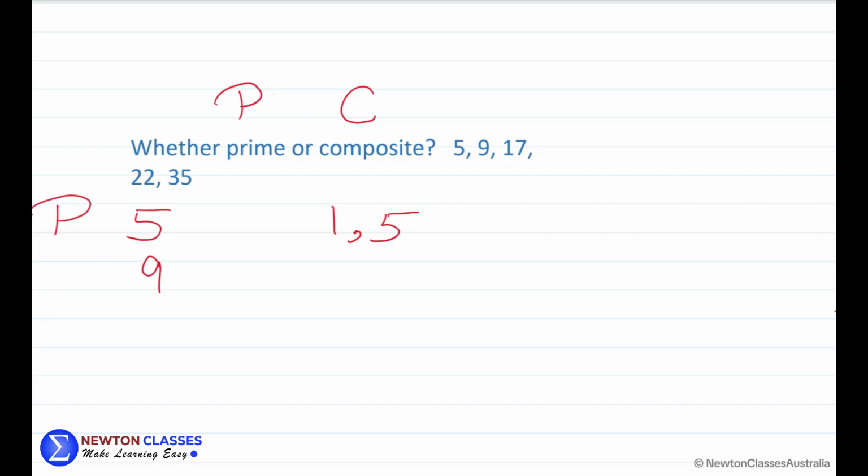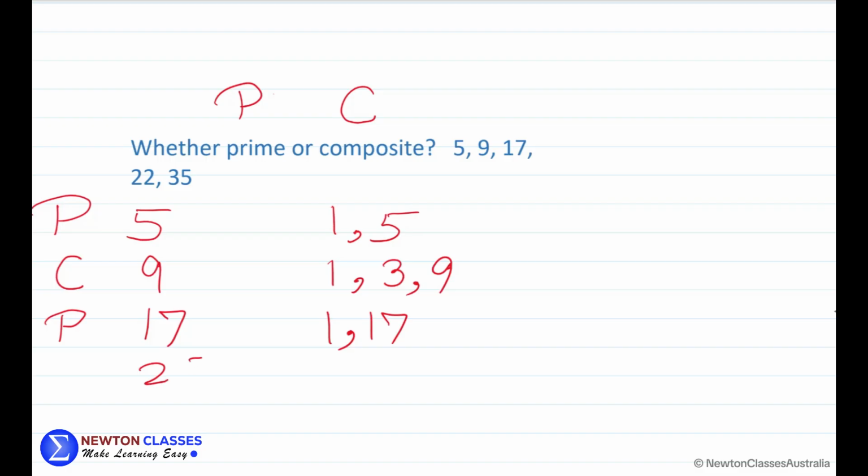Let us write 9. What are the factors for 9? 1, 3, and 9. So we have 3 factors, therefore it is a composite number. Let us see 17. 17 can be only divisible by 1 and 17, therefore this is a prime number.